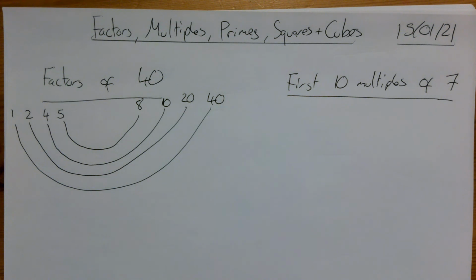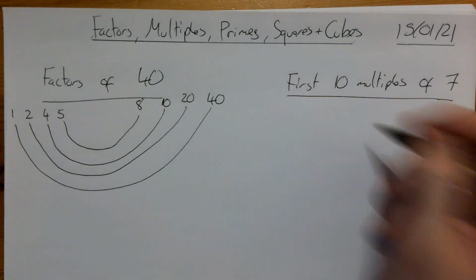Really important that you can recognise numbers as factors of other numbers. You're not always going to be writing them all out. You remember what that means, numbers that go into that number, and you can recognise some numbers as factors of other numbers. That's what you'll be practicing doing today. Next, the first 10 multiples of 7. Remember, multiples are numbers in that number's times table.